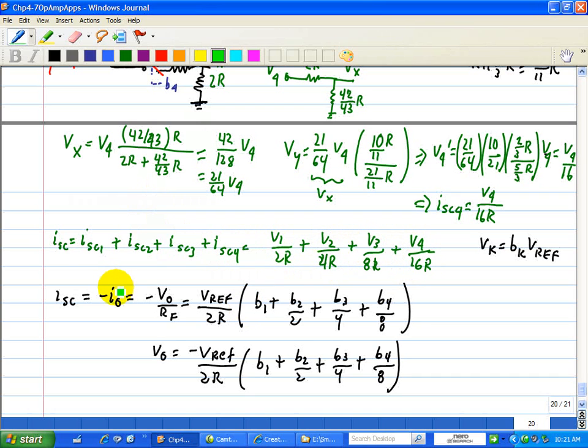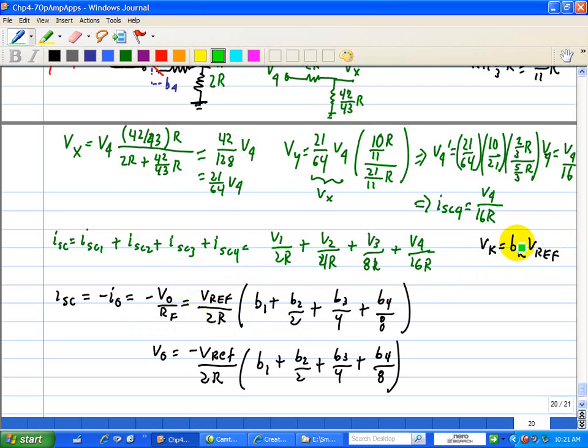And all this can be simplified such that our output voltage, since this is like an inverting summer, can be connected to a V reference, or where the switch B1, B2, B3, and B4 controls the switch, and that's described by this equation.